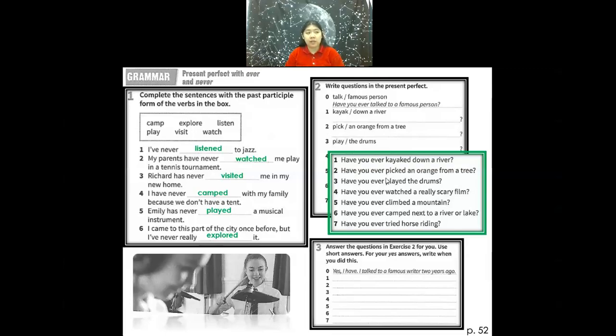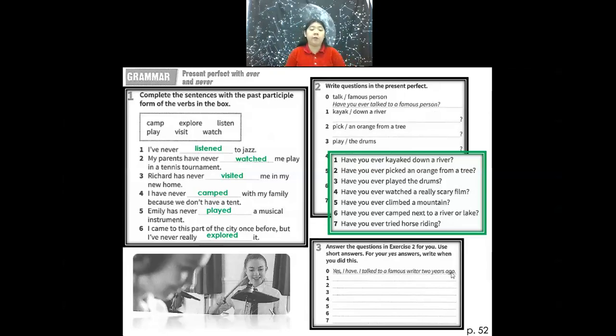This one is your own answer, based on these questions, and they must be true about yourselves. If it's true, use here for your yes answers, and write when you did this. So for example, have you ever talked to a famous person? The example given here is, yes, I have. I talked to a famous writer 2 years ago, right?